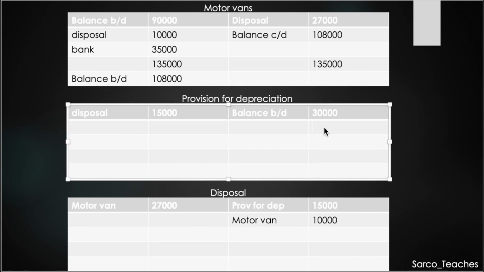So we write 31,000 and we label it as depreciation expense. And I said before that every transaction leads to a double entry. In this case, it was provision for depreciation. And we also have to include 31,000 on the debit side of depreciation expense. But we don't have to do that right now because the question is not asking us for that.